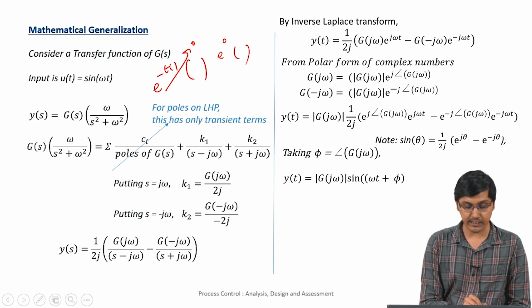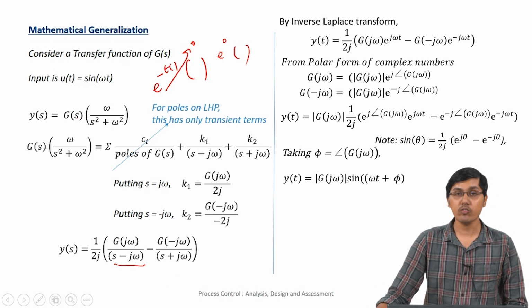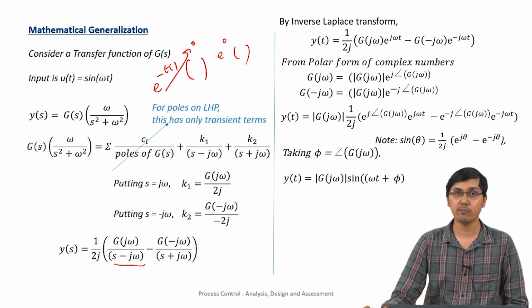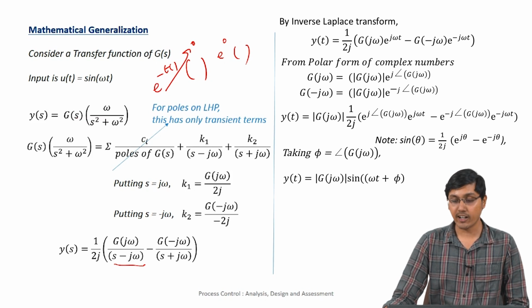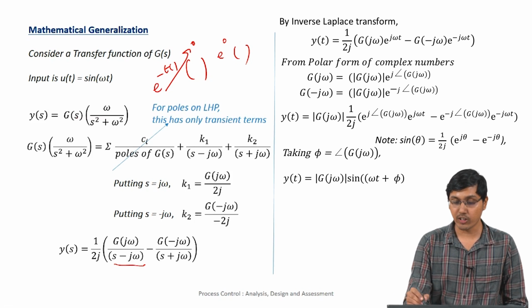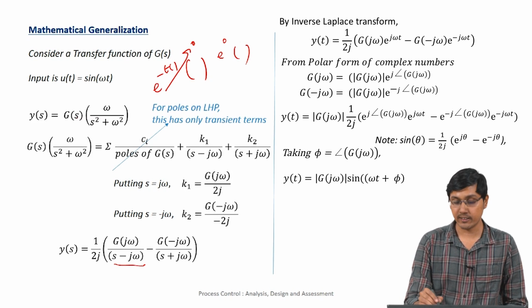So 1 over (s minus j omega) becomes e power j omega t, and 1 over (s plus j omega) becomes e power minus j omega t. G(j omega) is a complex number, so it can be represented in polar form: the magnitude of the complex number times e power j times the angle of the complex number. So we get magnitude of G(j omega) into e power j angle of G(j omega), and for G(minus j omega), the magnitude is the same but the angle takes a minus sign: e power minus j angle of G(j omega).